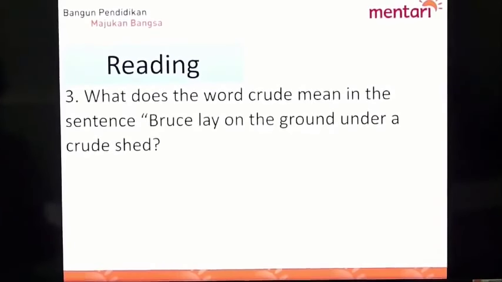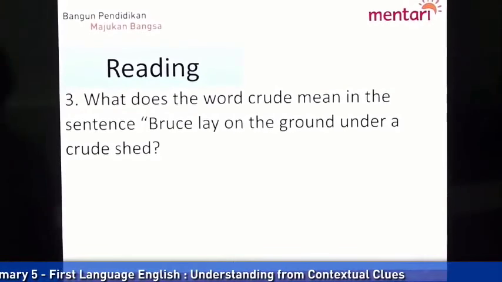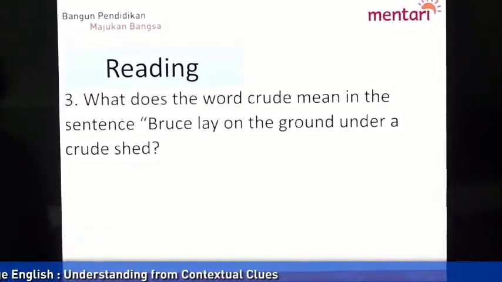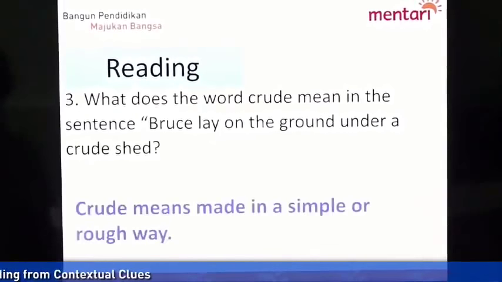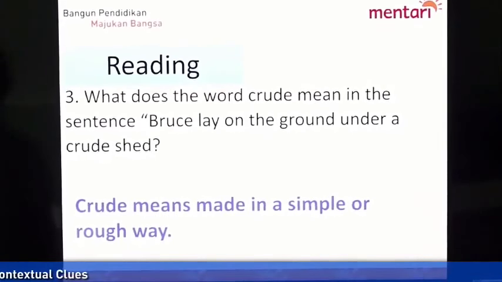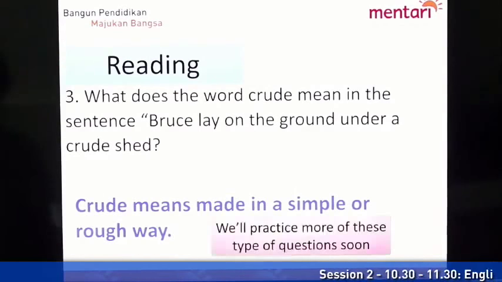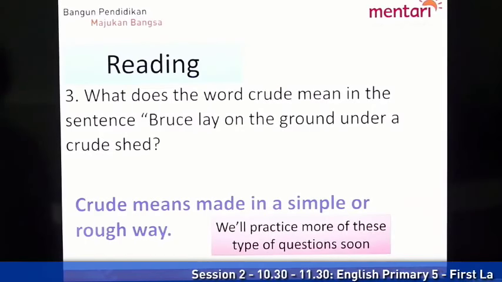Number 3. What does the word crude mean in the sentence? Bruce lay on the ground under a crude shed. Crude means made in a simple or rough way. We'll practice more of these type of questions soon.